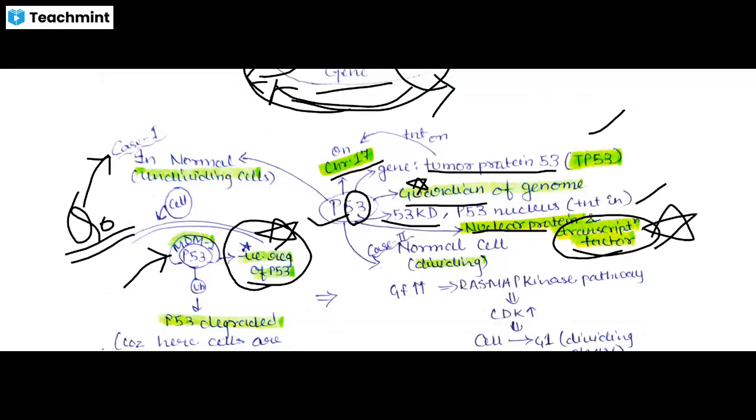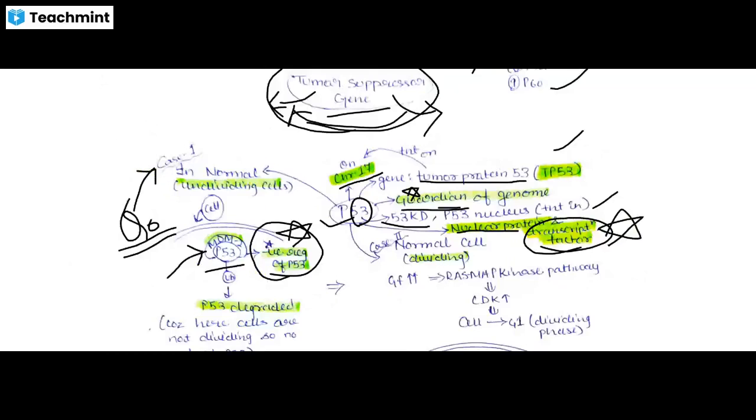Okay? And when it is required in the cell, what do you understand by guardian again? Our guardian protects us when we are in danger. So when any cell is in danger, any damage is occurring, then P53 is required. Until then, it will be bound with MDM2, which will negatively regulate P53. So now the cell is not dividing. When the cell is not dividing, there is no chance of damage, right?